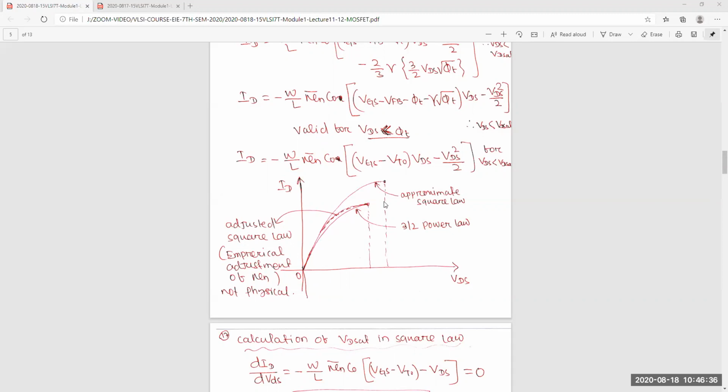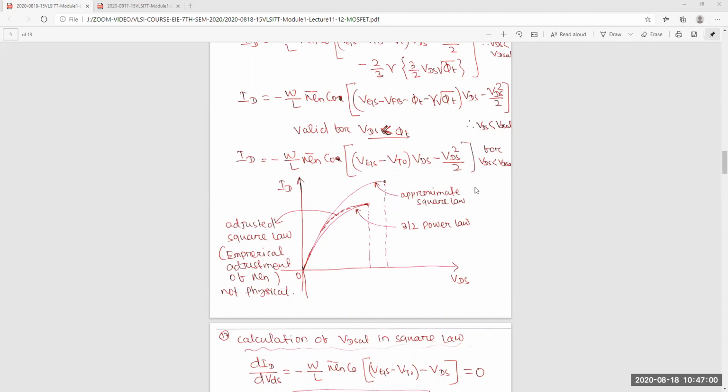So we are converting the 3/2 power law to the square law for simplicity of calculation, but since too much deviation is there, what will we do? We will do some adjustment, so that we can get the same current in the power law and also in the square law.